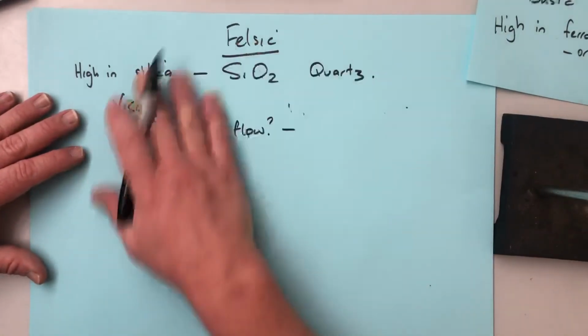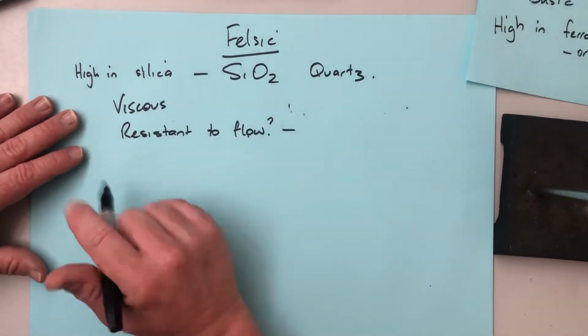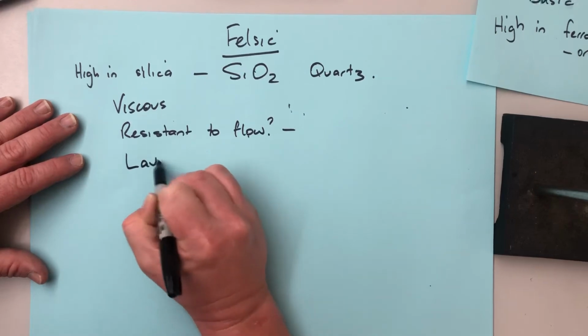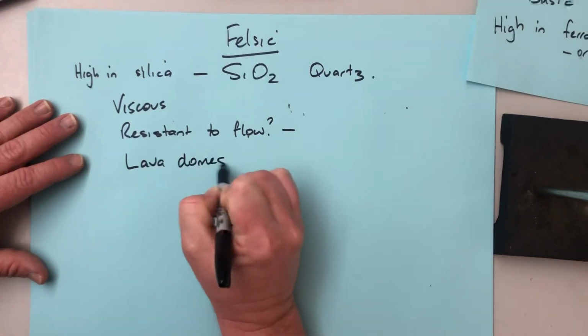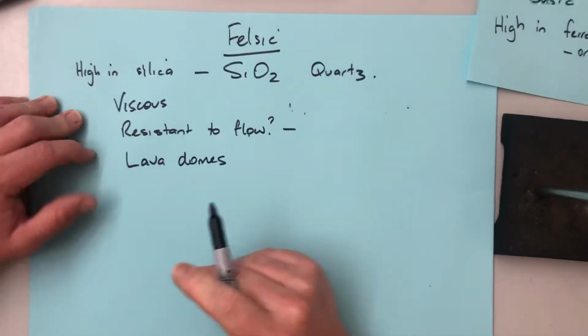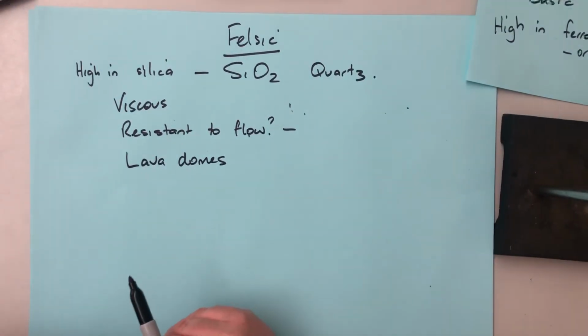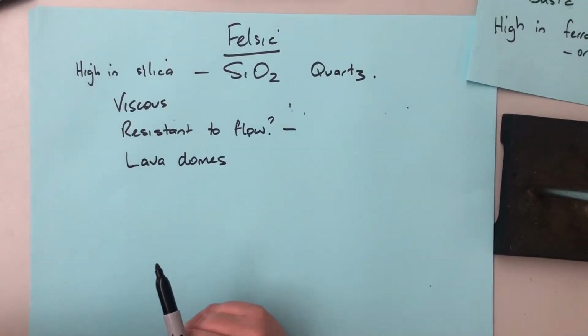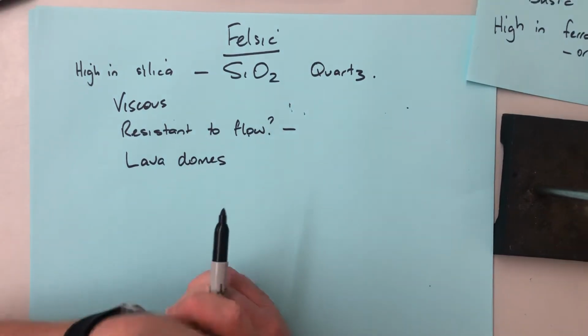When it forms in a volcano though, it forms these features called lava domes. If you look at the slide on felsic magma, you can see I've put 3 lava domes on there. The bottom right one is in Mount St. Helens, and it's a very felsic and very active and violent volcano.